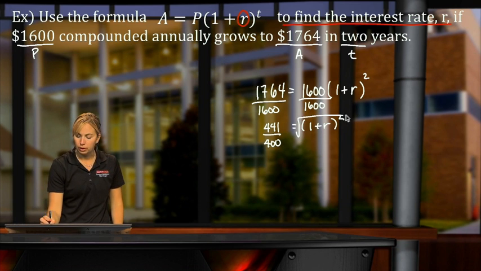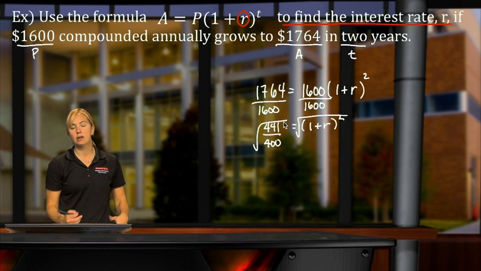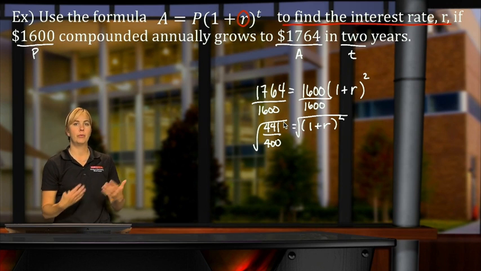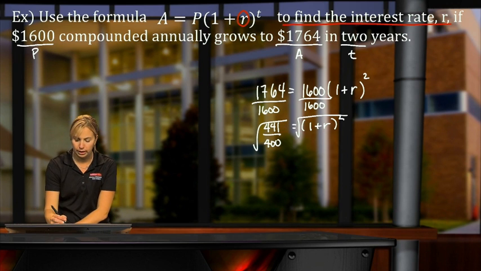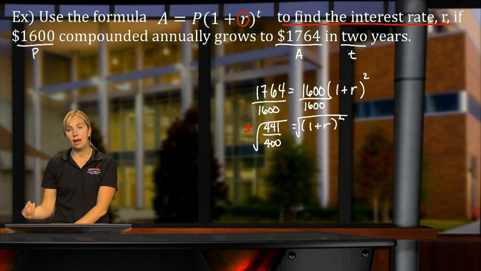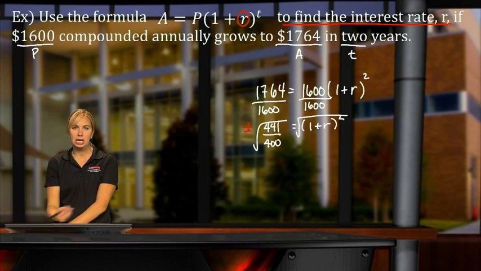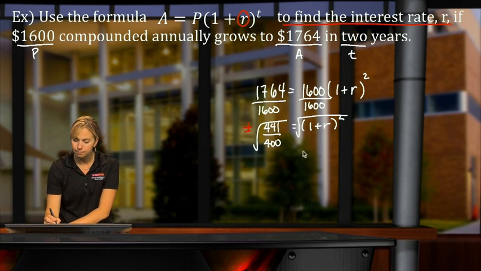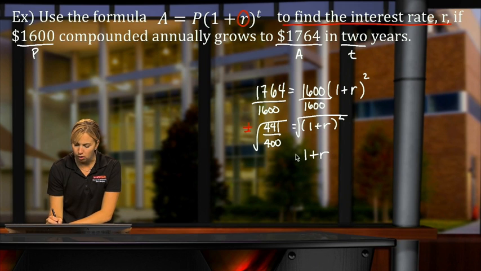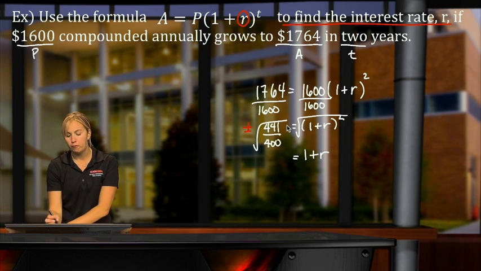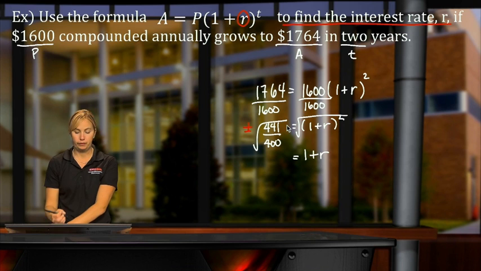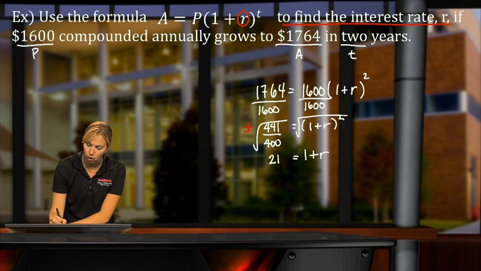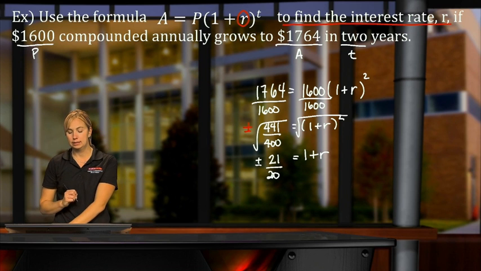We can take the square root of both sides now, and think about what I kept on saying when we drew the square root. We want to add the plus or minus. So let's continue that, and we'll talk about how that might change because it's an application. 1 plus r equals the square root of 441 over 400, which is actually a perfect square. This is 21 over 20. And don't forget that plus or minus.